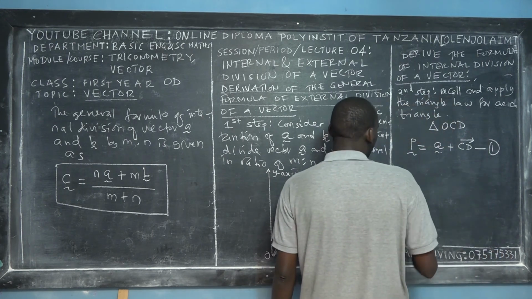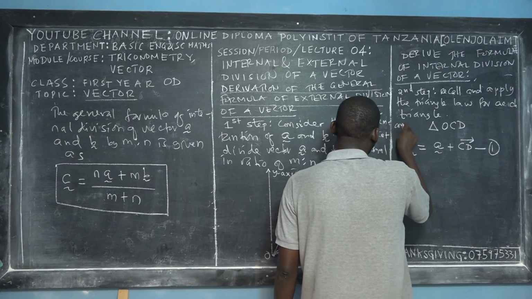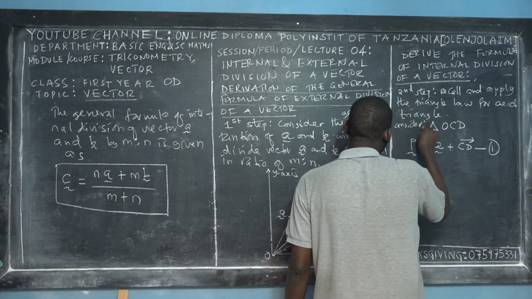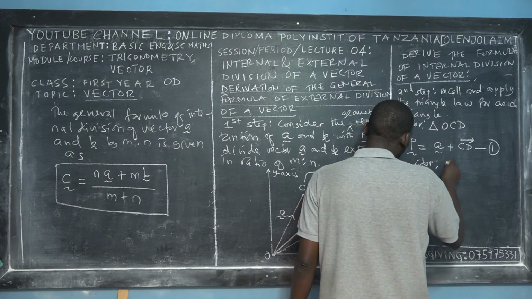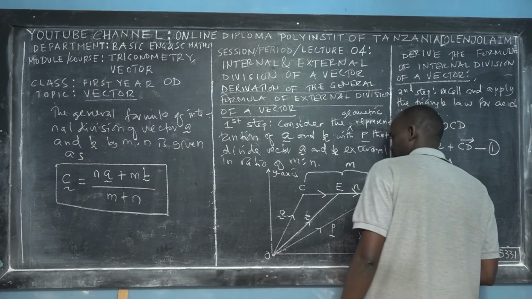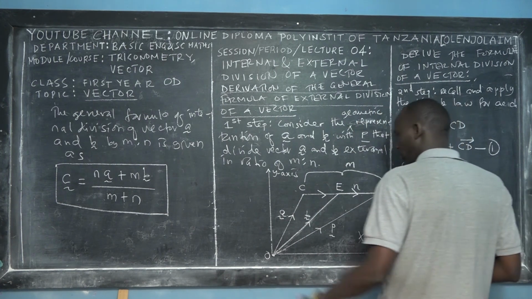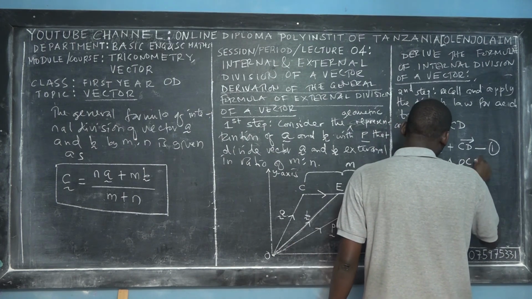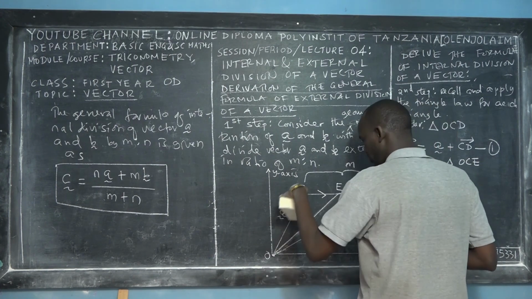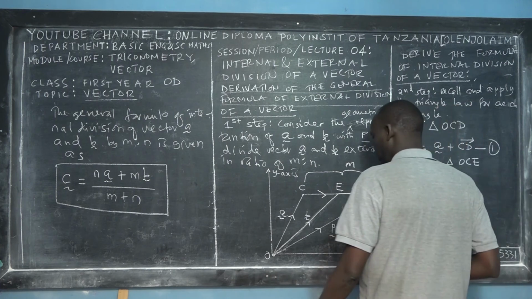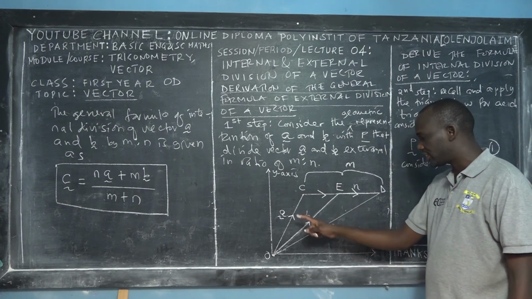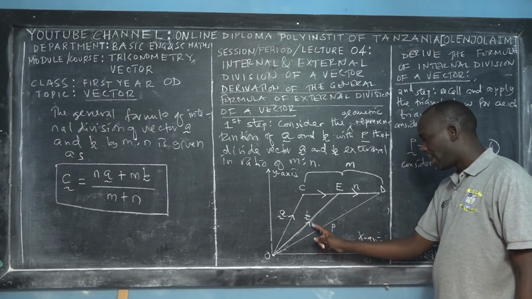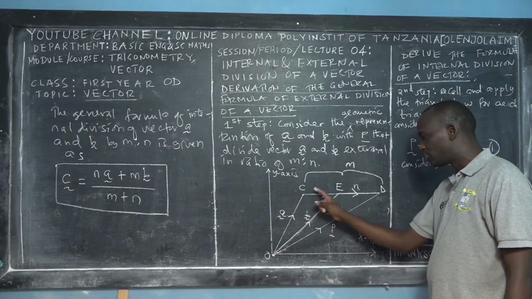Then we consider triangle OCE. Here we have three vectors: A, vector CE, and vector B. This is the displacement vector.